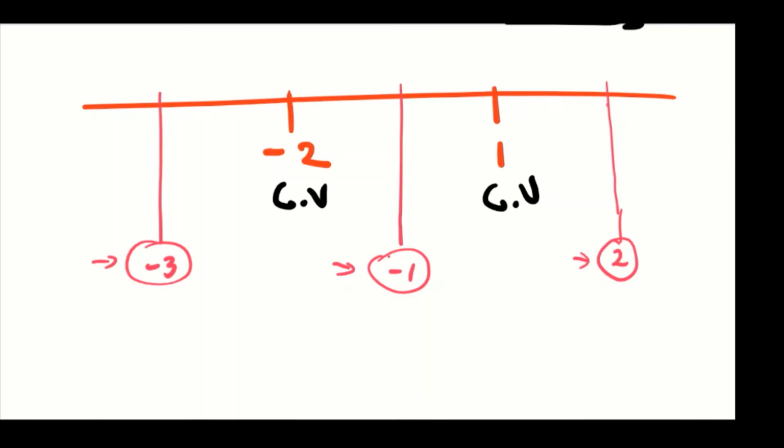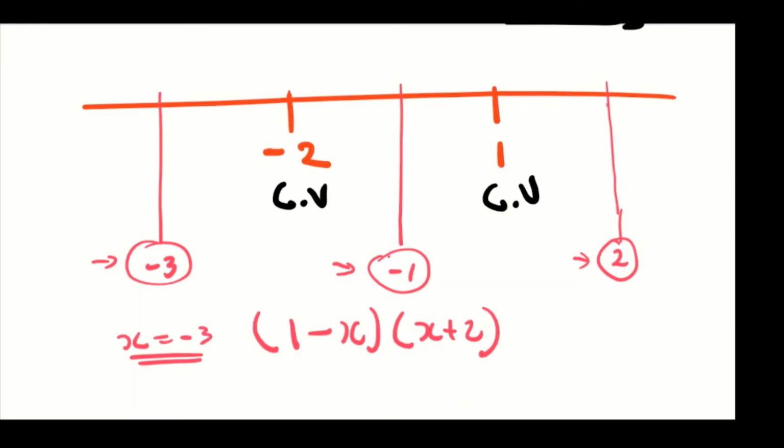Remember, you have the equation of (1 minus x)(x plus 2). So for example, you put x equals minus 3, substitute it here and here, and find the sign. Yes, you're going to get the answer, but we're mostly interested in the sign of the answer.